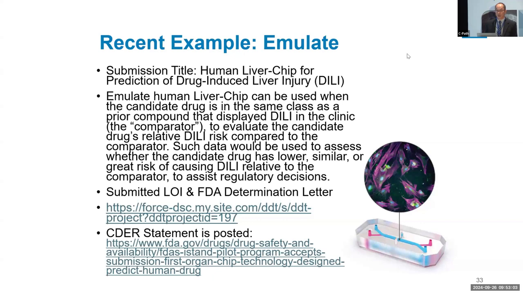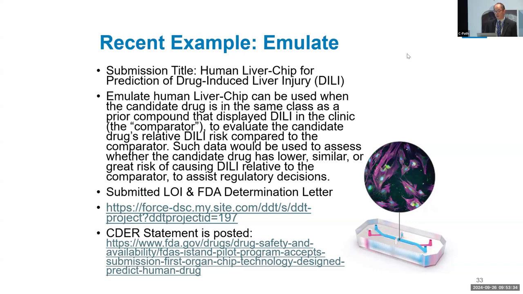So if you are developing new drugs that have priority concern because of prior experience with a similar compound that had DILI risk during clinical development or post-marketing, obviously, if you have prior concern in similar drugs, we will be paying strong attention to whether the same risk applies to the new drug.